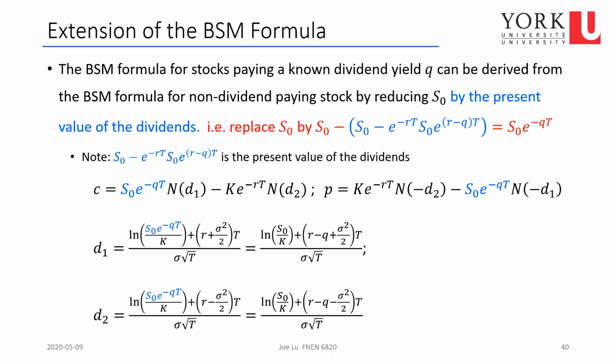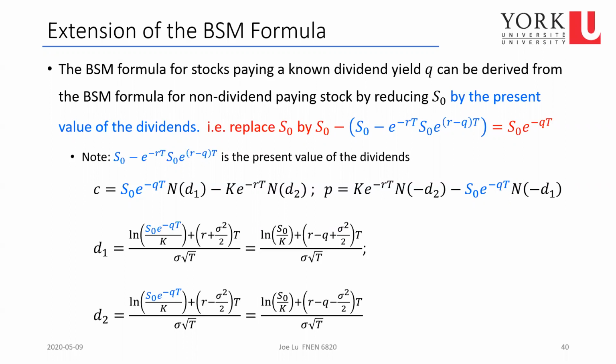So, at maturity, compared to a stock that does not pay dividends, a stock that does pay dividends will not grow as much, right? So the growth rate is reduced by the amount of dividend, or by the present value of the dividend that the stock is paying out.